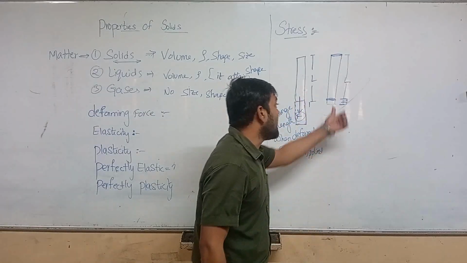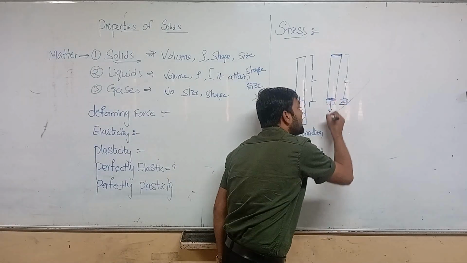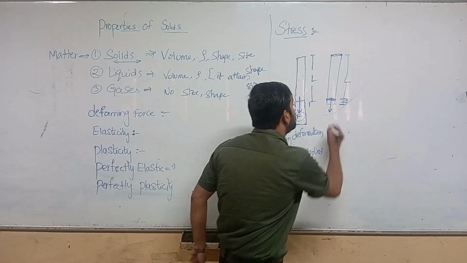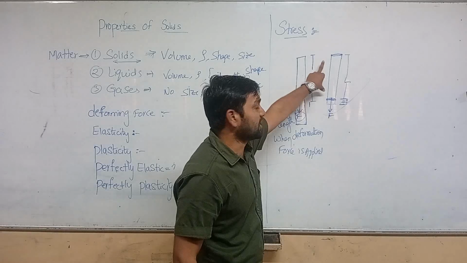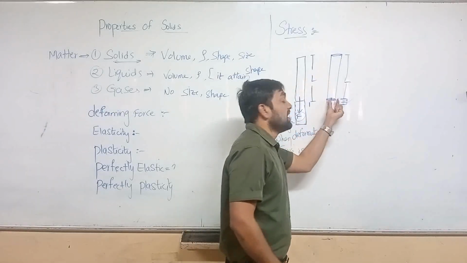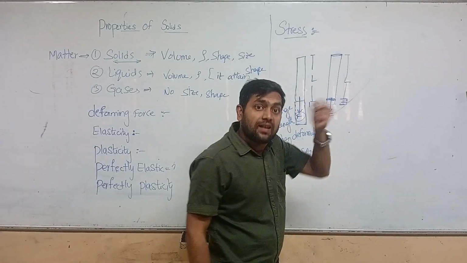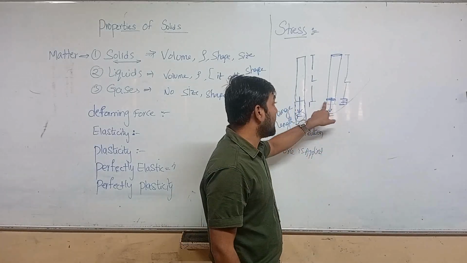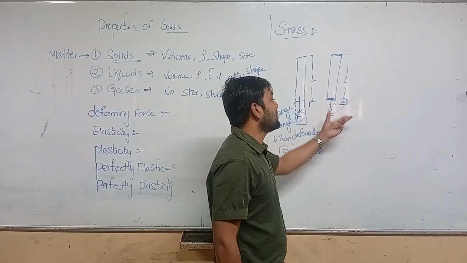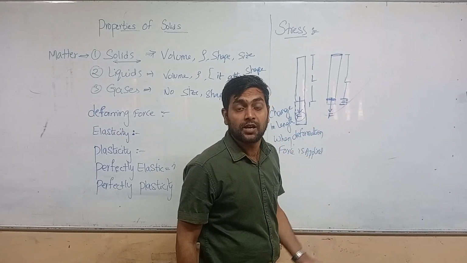Whenever we are giving some force to a particular area, the object, here I am taking a rod, is going to change its length. If the length is changing, then automatically the area is also going to change, and if the area changes, then the force is also going to change.